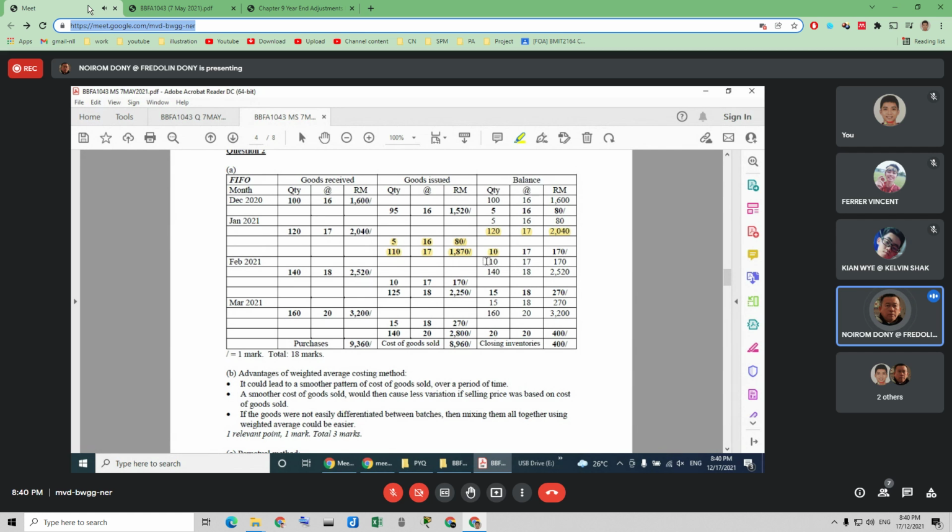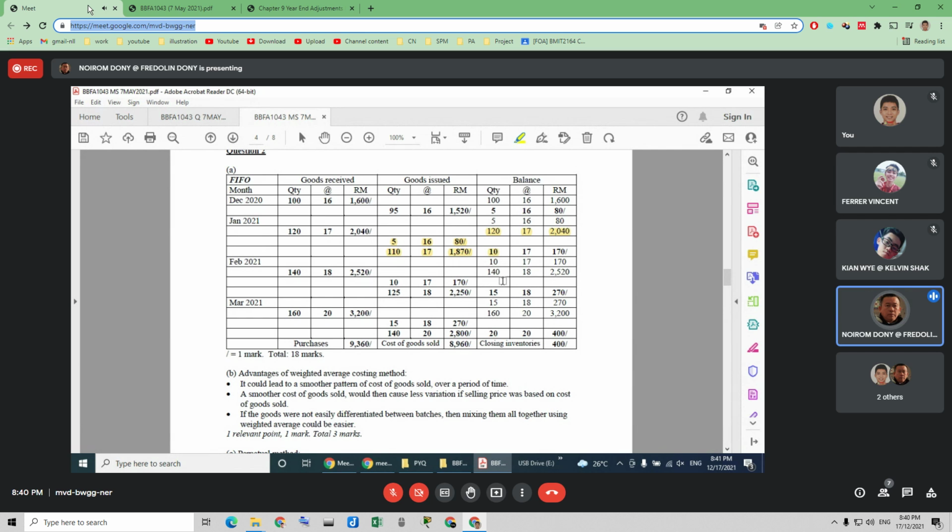So we have 2 batches. We need to issue the first batch, 17, because this is first in, first out. So issue them all, 10. Since you need to issue 135, you need to issue 135 minus 10. So need 125 more.